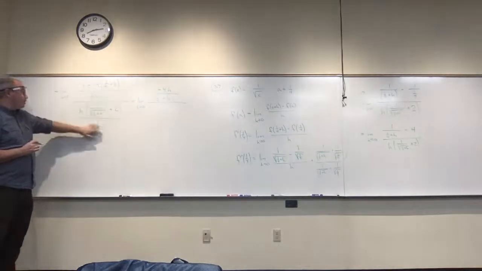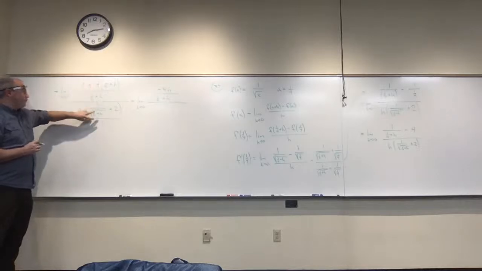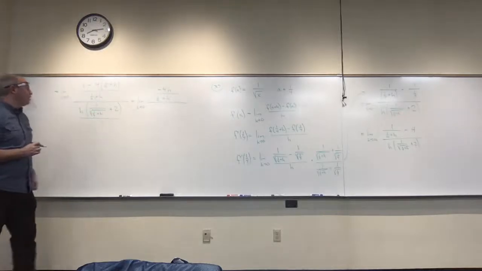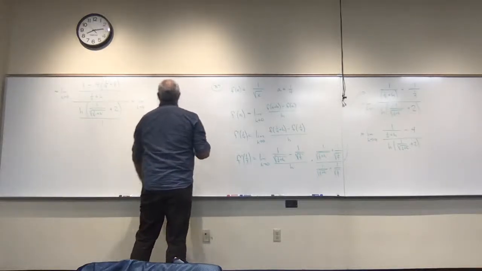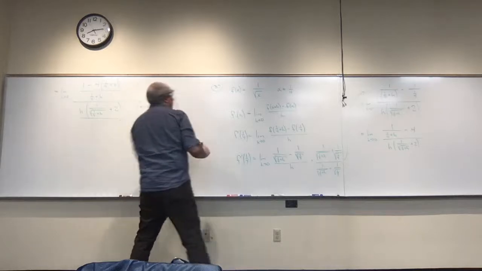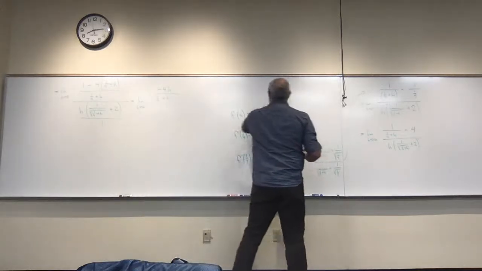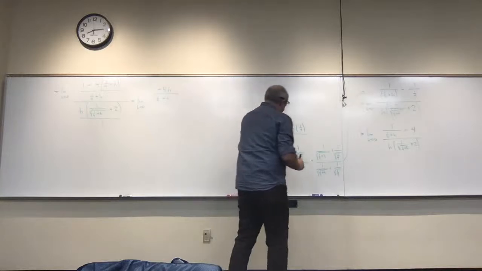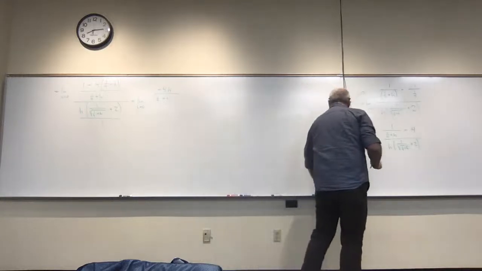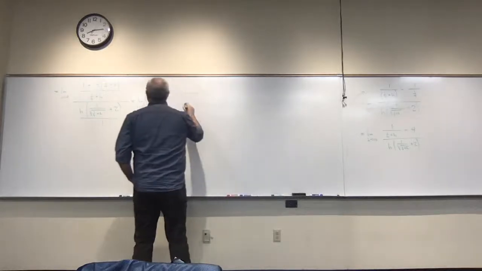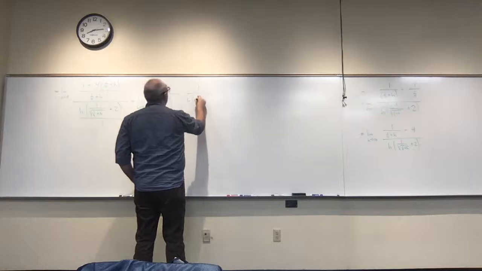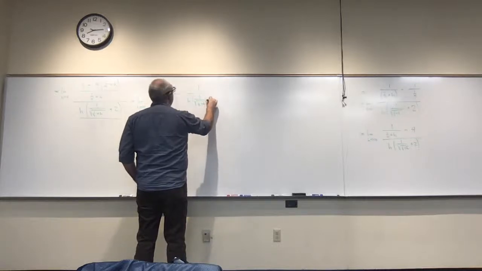So I have something over 1, that's a fraction divided by a fraction, so I'll flip it and multiply it. So I can just put this next to this one as times, it's a fun one, times 1 over h times 1 over the square root of 1/4 plus h, plus 2.